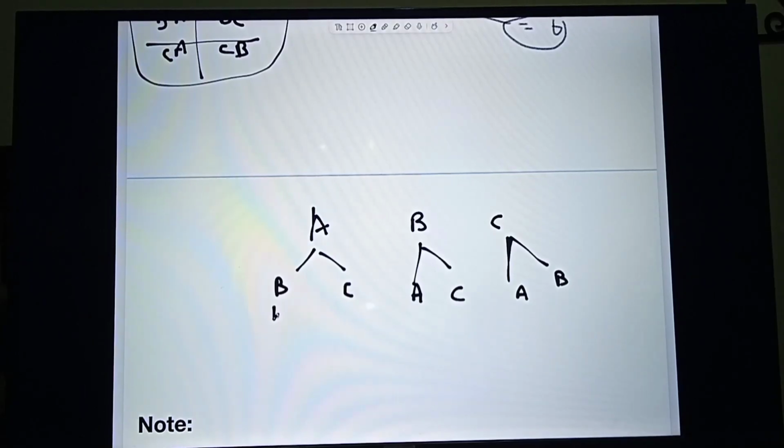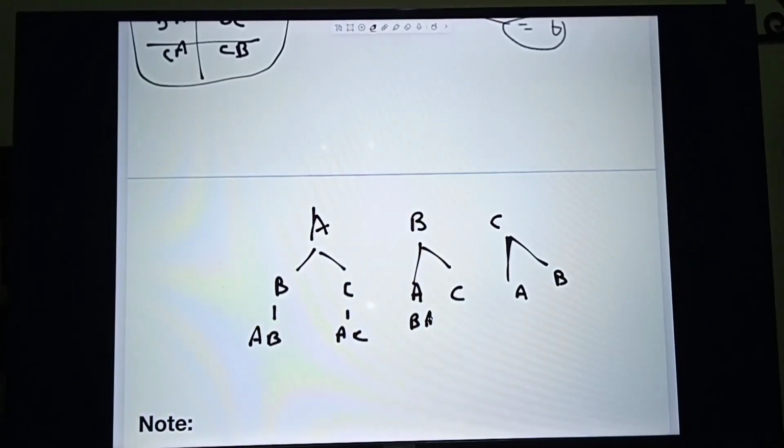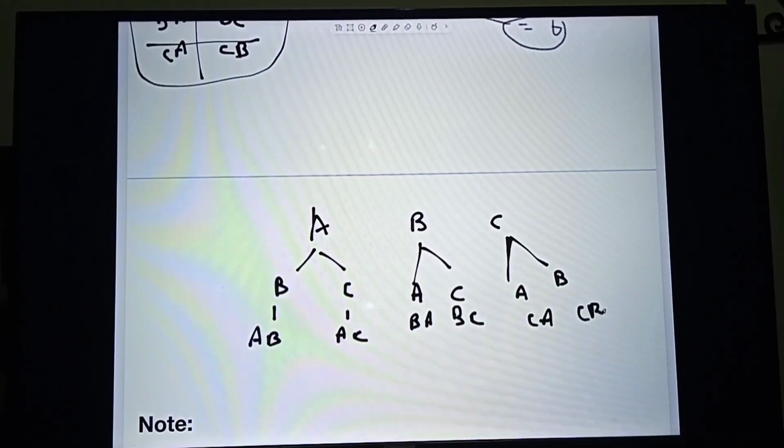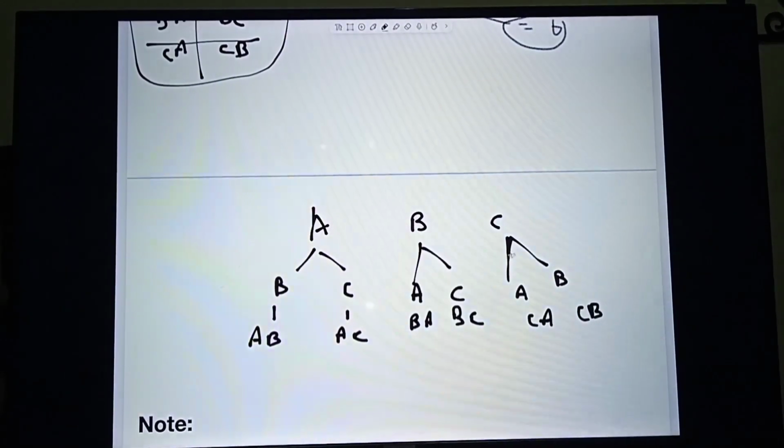So the first arrangement is AB, then AC, then BA, then BC, then CA, and then CB. So these are the 6 possible ways to arrange 2 books at a time out of 3.